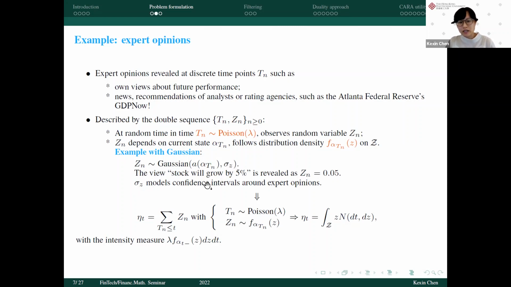And here the sigma z can model the confidence intervals around these expert opinions. And under this setting, if we set eta t as the cumulative expert opinion process, we can finally express it in this integral form. And here the N(dt, dz) is a related jump measure, its intensity measure is given by this equation.